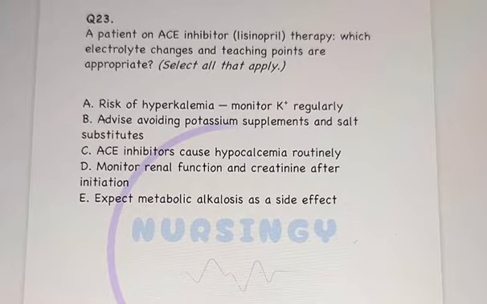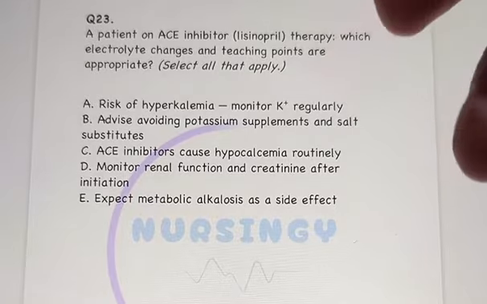So we need to know they work on aldosterone, and aldosterone normally promotes sodium reabsorption, potassium excretion, and keeps the blood pressure maintained. Now what happens? Risk of hyperkalemia. Yes, A. Definitely A.